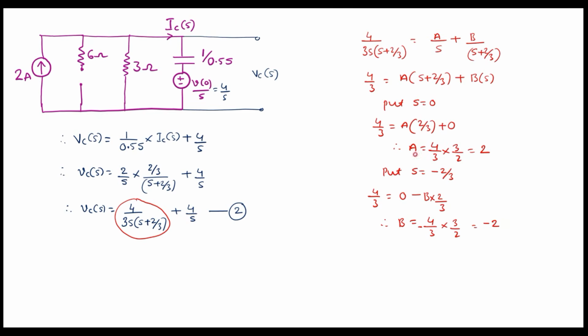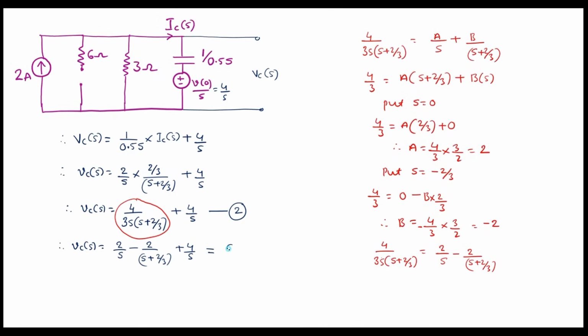So now I can represent this expression 4 divided by 3s, s plus 2 by 3 as 2 by s minus 2 by s plus 2 by 3. So VC of s is equal to 2 by s minus 2 by s plus 2 by 3 plus 4 by s.